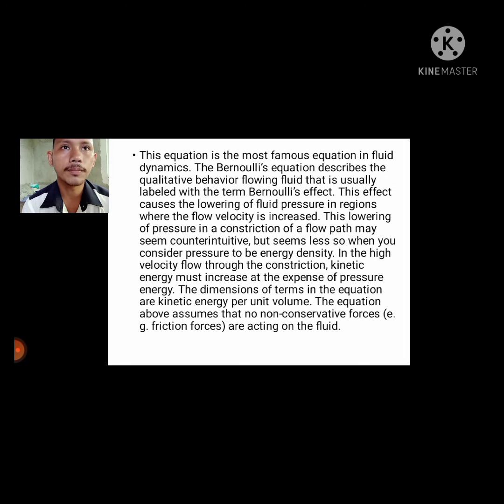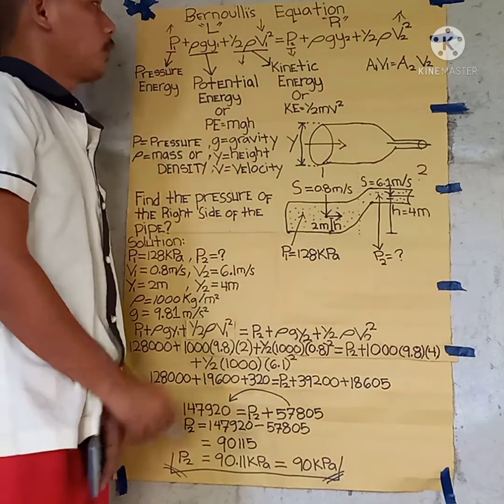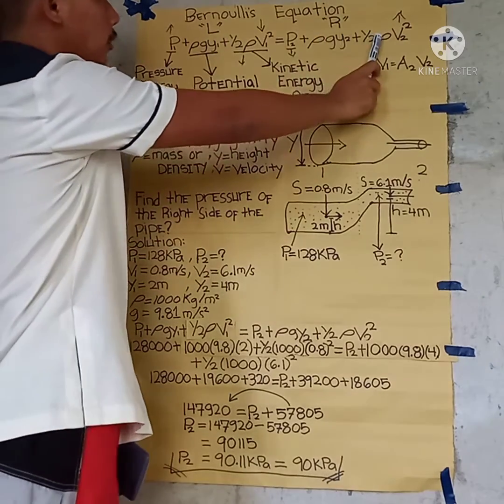So, mani ang Bernoulli's equation. So, mani ang formula sa Bernoulli's equation. So, natin left side of the pipe, right side of the pipe.